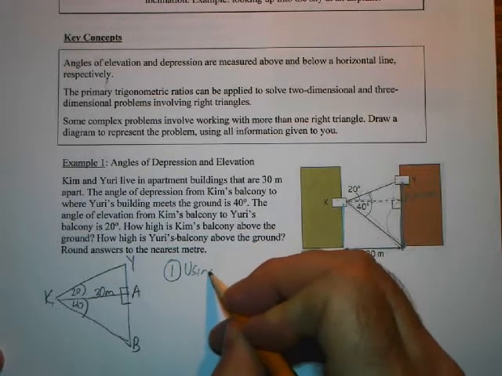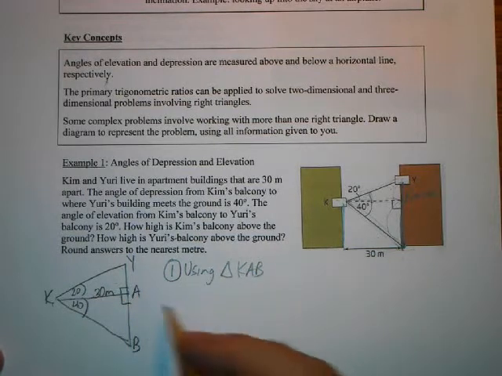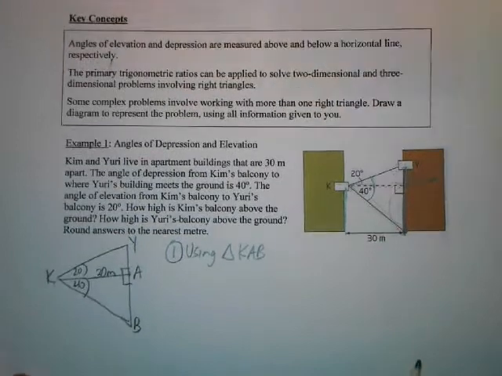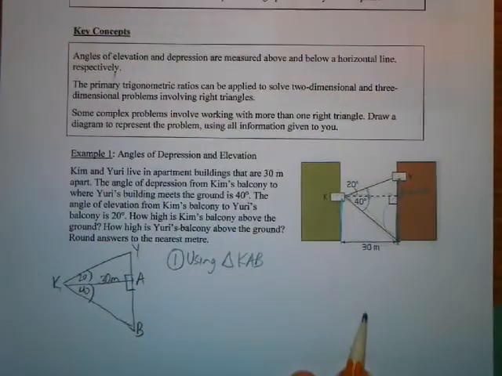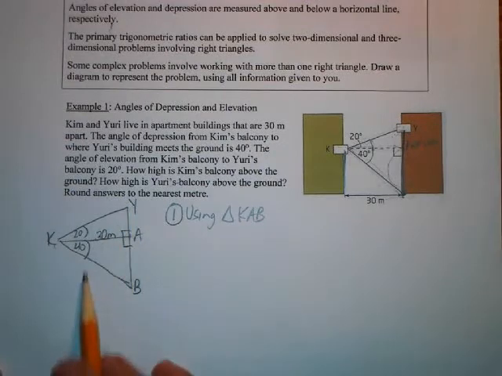So I'm using triangle KAB, and that's important because I don't want to just start throwing around angles and sides, and your friend or your teacher has no idea what you're talking about. Communication is very important.